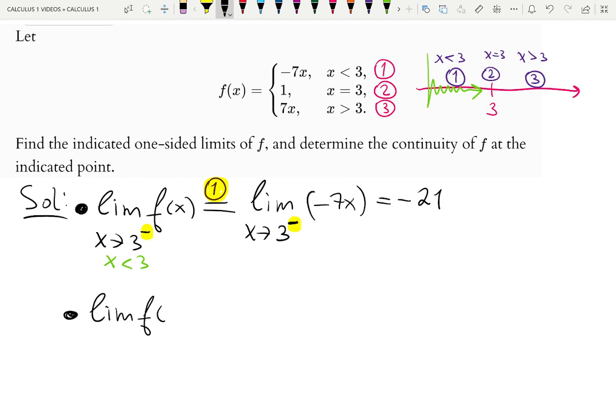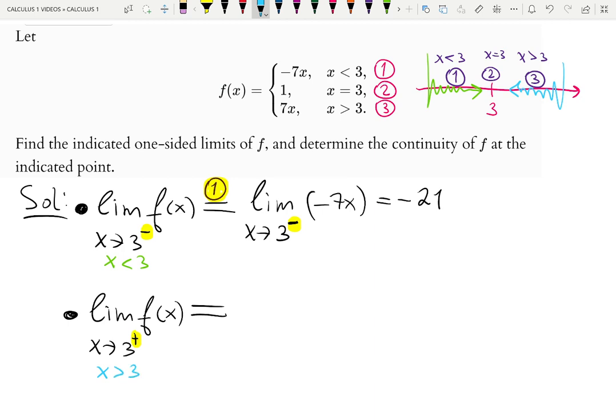Limit of f of x when x approaches 3 from the right. This plus sign doesn't mean that 3 is positive or something like that. It just helps me to choose which equation to use for calculations. When x approaches 3 from the right, it means it's getting closer to 3, but a little bit larger than 3. So basically, I can say that x is larger than 3.